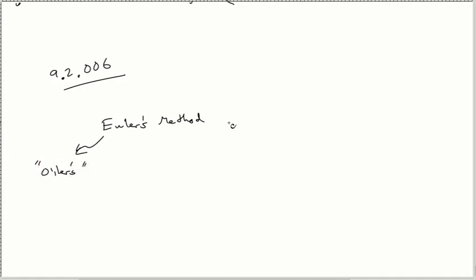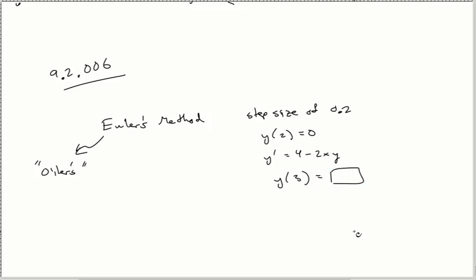So, well, there you go. They say I have a step size of 0.2, and that we have y of 2 is equal to 0. I got y prime is equal to 4 minus 2xy, and then finally y of 3 is what they want.